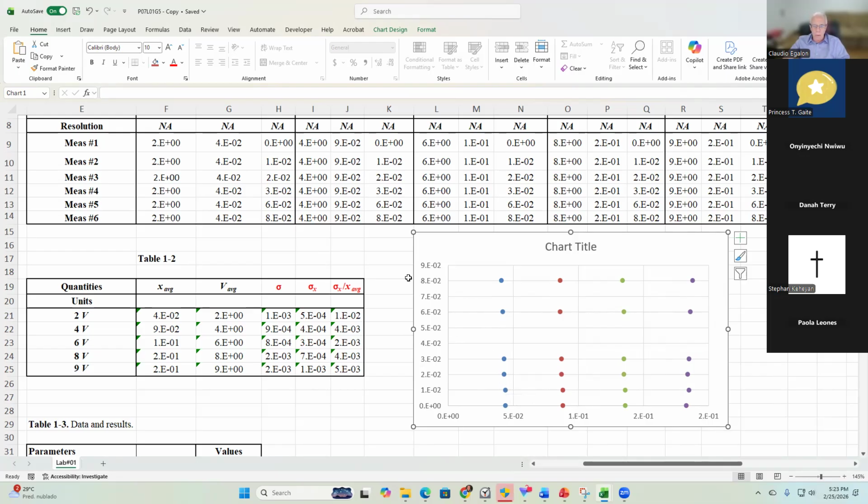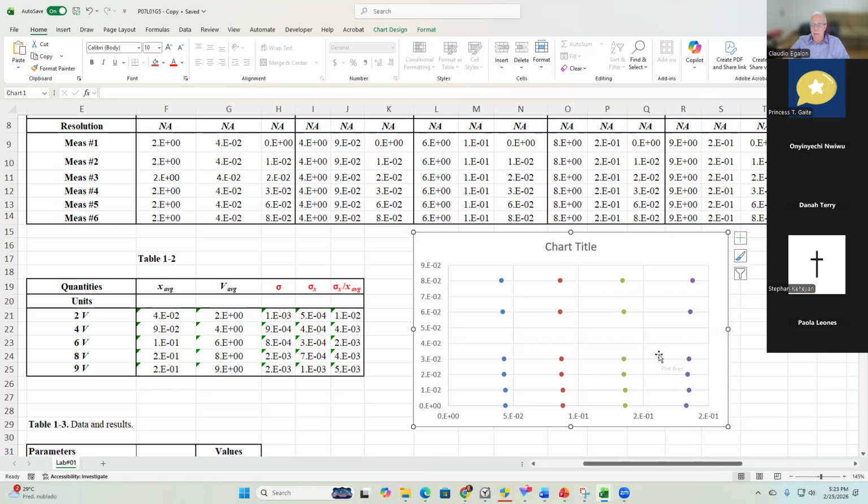The electrode tends to attract the equipotential lines towards it, and the closer the electrode is, the more of an inclination you're going to get in the plot. So 2, 4, 6, 8.